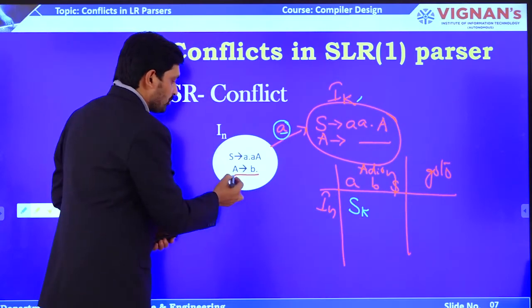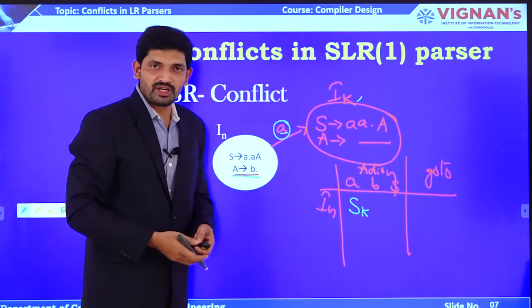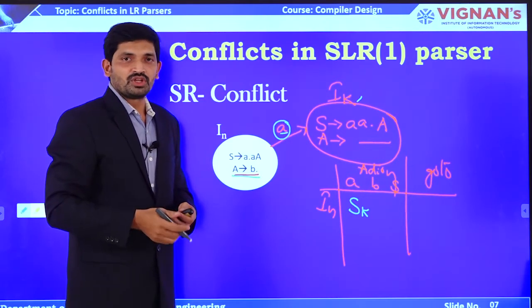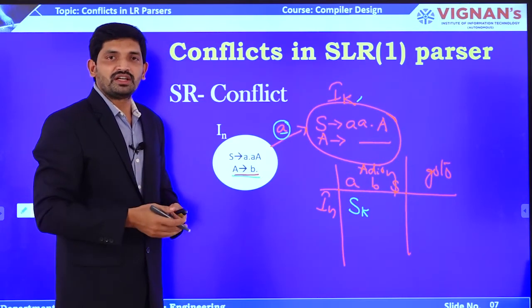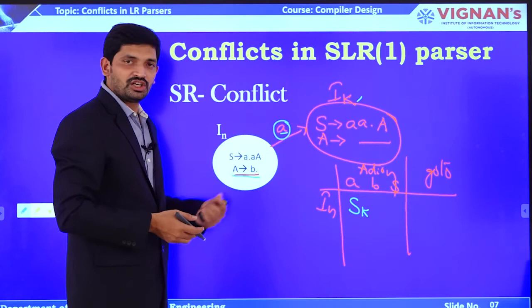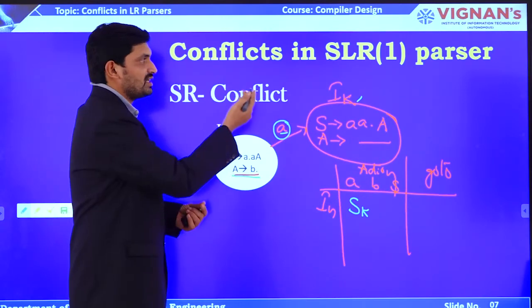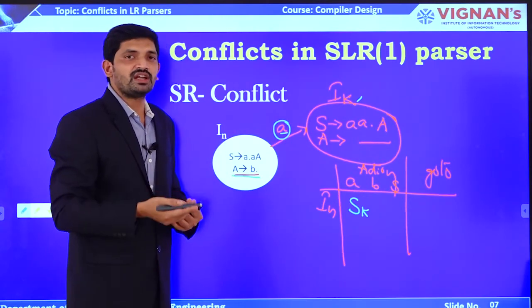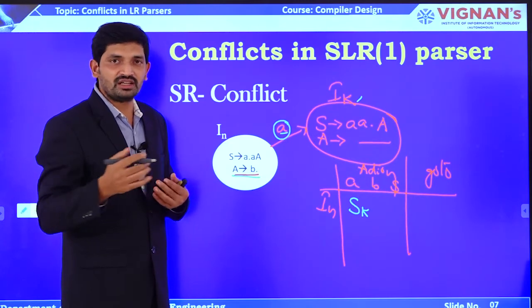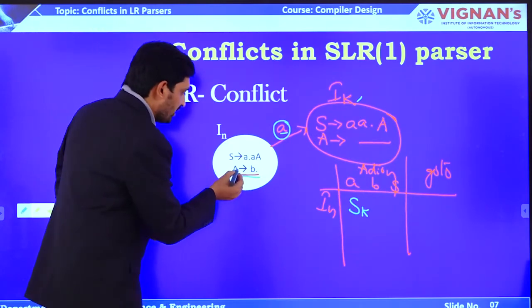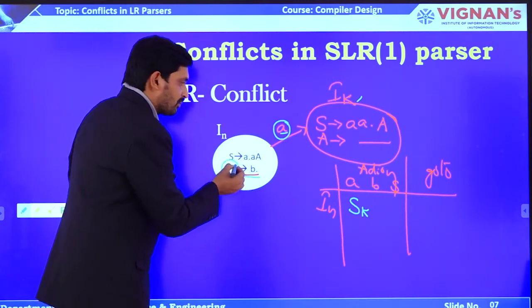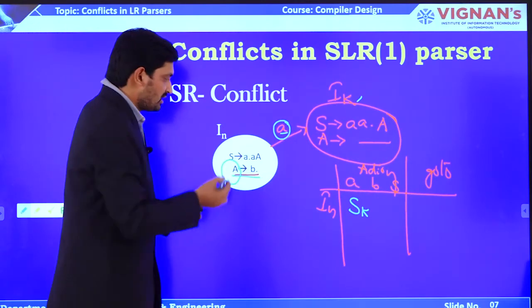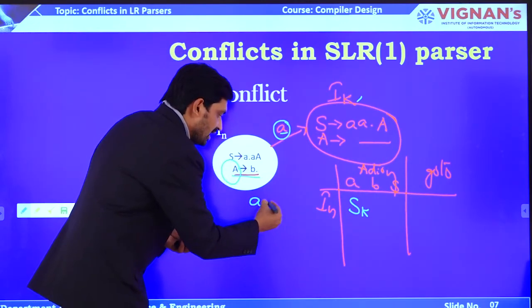Now come to the second production, it is A tends to B dot, which is a final item. So we have to place the reduce operation for A tends to B dot. But this is the SLR1 parser, so we cannot place the reduce operation blindly in the entire row. We have to find the follow of capital A. Let us say the follow of capital A is a.